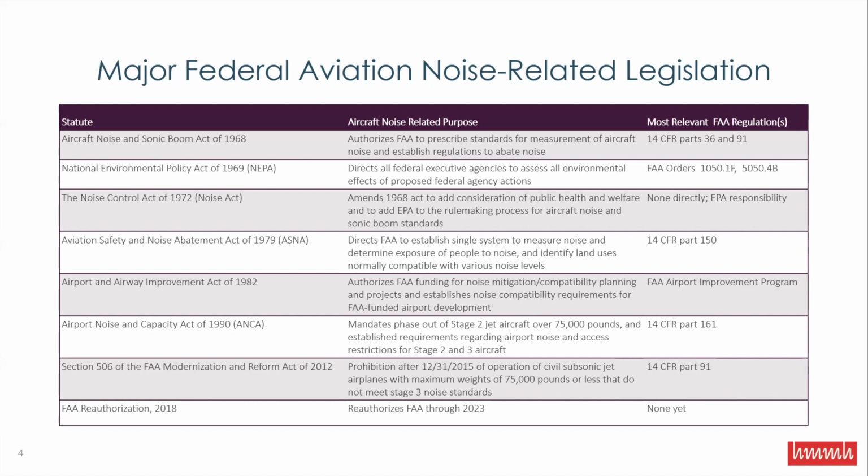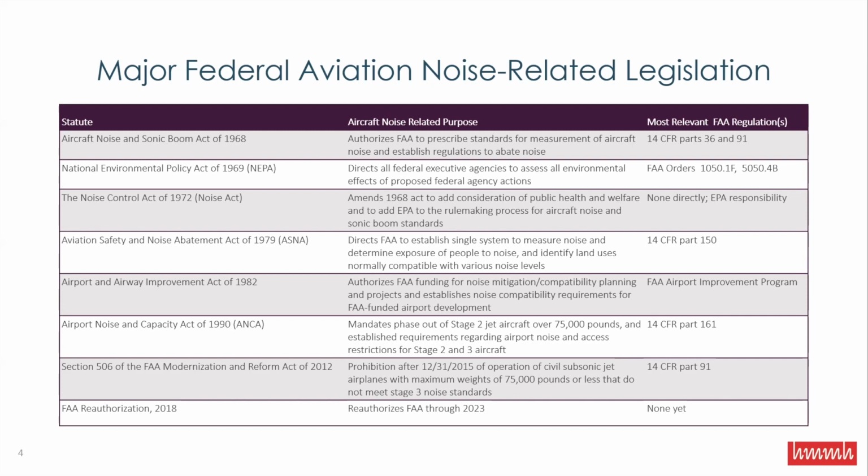And then in 1990, another important one to remember came, ANCA, which is the Airport Noise and Capacity Act. The main purpose of that was to phase out the older Stage 2 aircraft. So I talked about the Aircraft Noise and Sonic Boom Act of 1968, which led to Parts 36 and 91, which dictates how you certify aircraft in terms of airworthiness for noise.